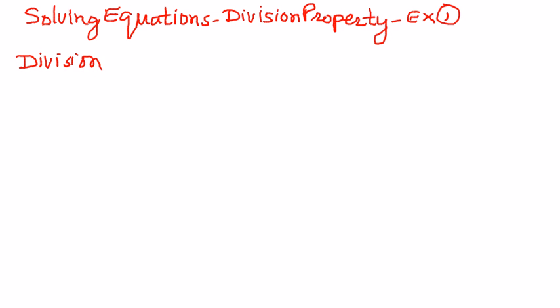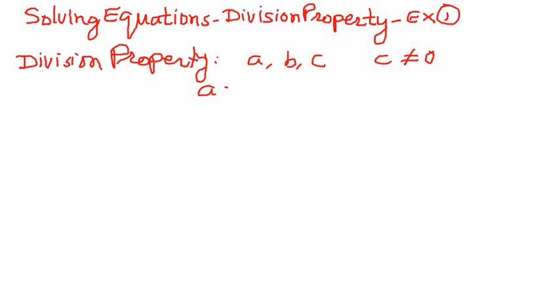Division property is telling us that if we have numbers a, b, c, which are real numbers, and c is not equal to 0, then a is equal to b if and only if a divided by c is equal to b divided by c.